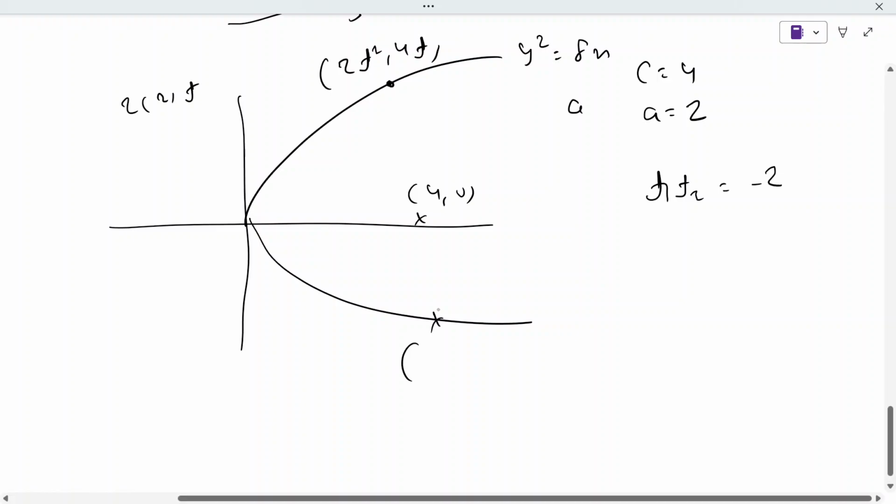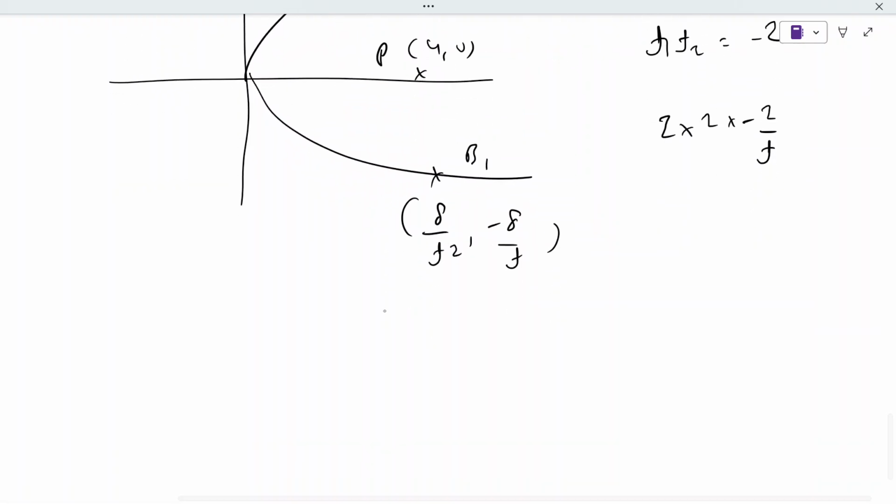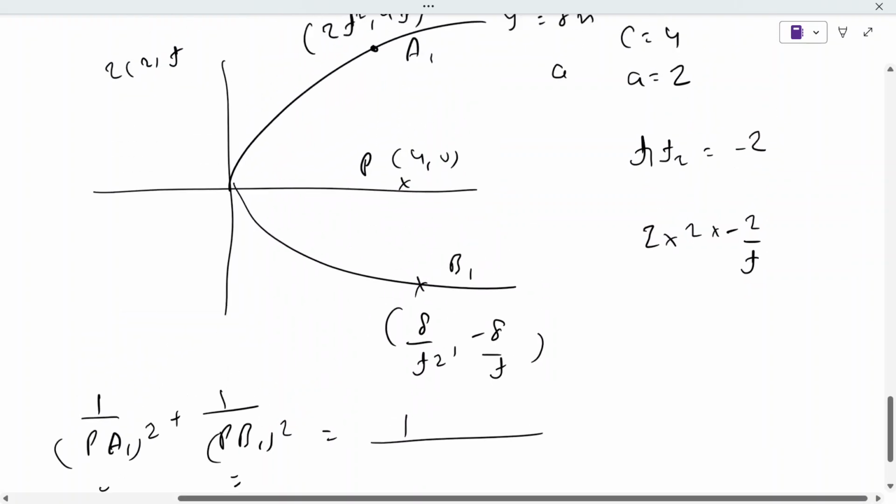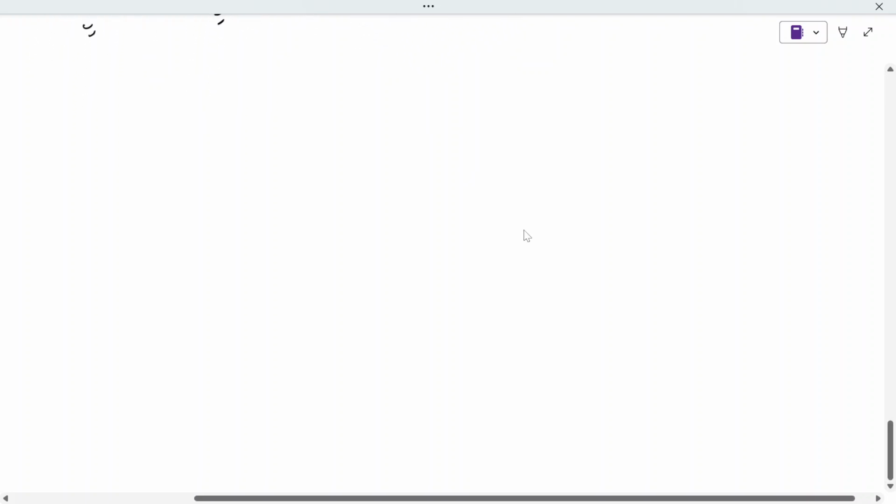So the other point is 2 into (minus 2 by t) square, that is 8 by t square, comma 4 into minus 2 by t, that is minus 8 by t. It is P, it is A1, it is B1. So it is 1 by PA1 square plus 1 by PB1 square is equal to 1 by... let us evaluate PA1 square first and PB1 square.